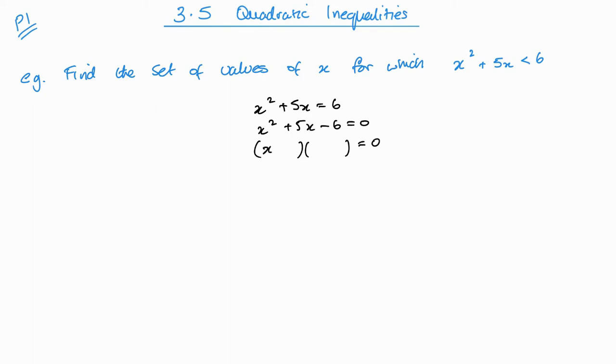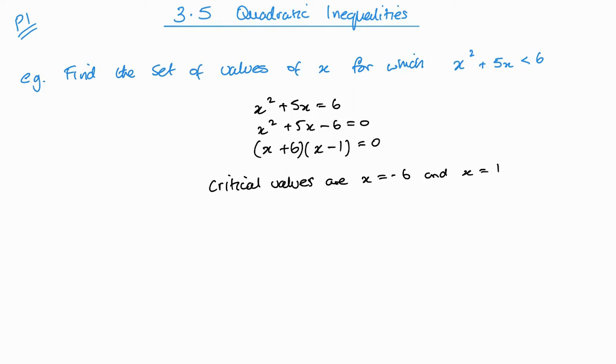So looking at this one, it's got to be a 6 and a negative 1. That'll give me my negative 6, and that'll also give me my positive 5x. So my critical values are x equals minus 6 and x equals positive 1.